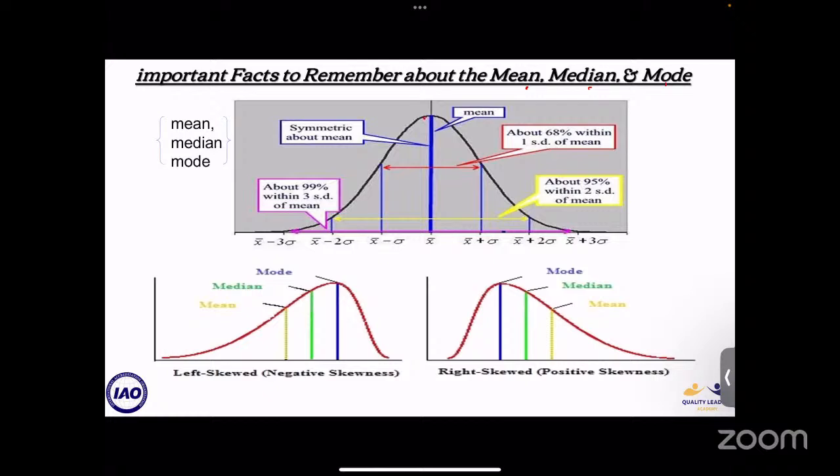The middle line represents the mean. Half of the data lies on the positive side and the other half lies on the negative side. When the data is normally distributed, it is continuous data, and the mean, median, and mode all align in the same central line.